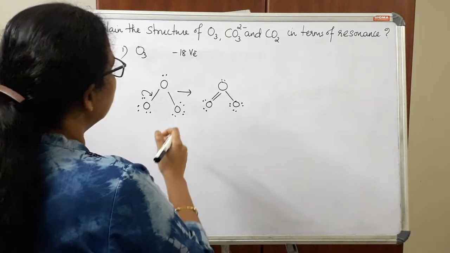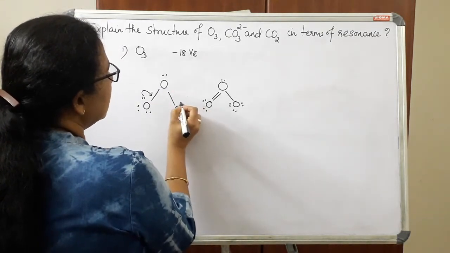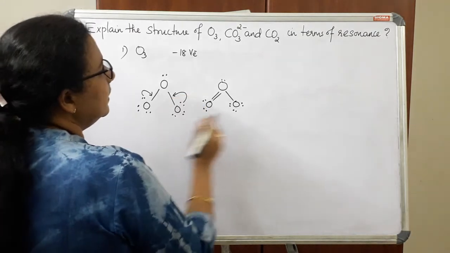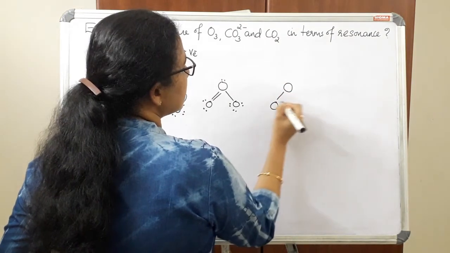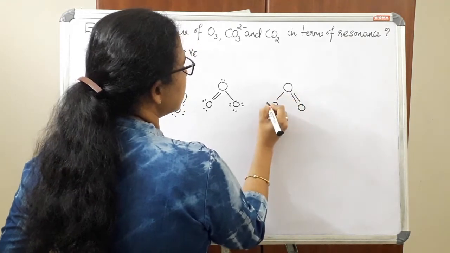For that, we can think that if we shift these electrons towards here, we will get another structure like this, and in that case, here we will get a double bond and here there is a single bond.